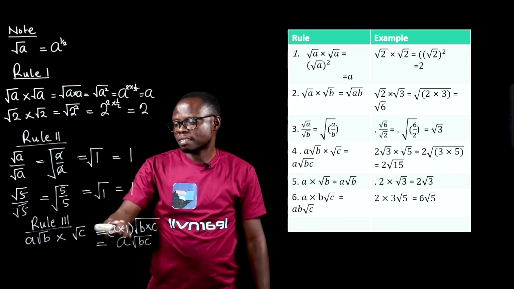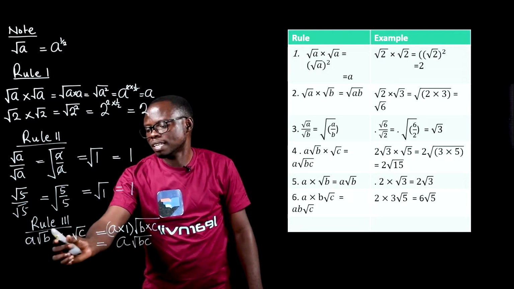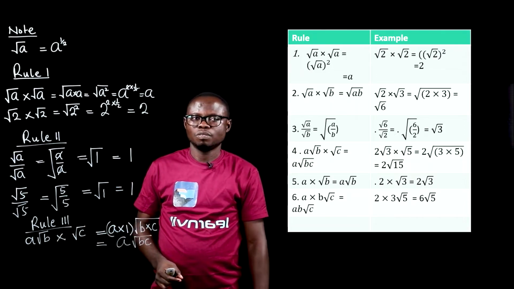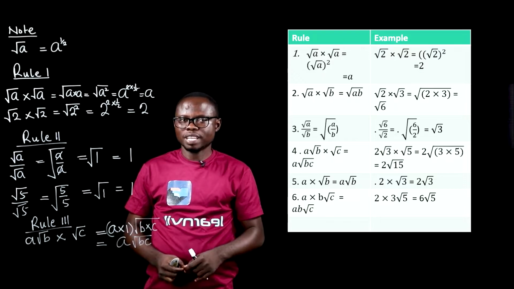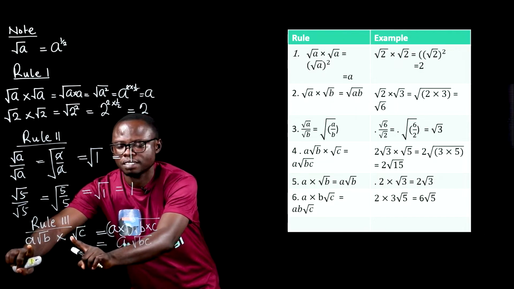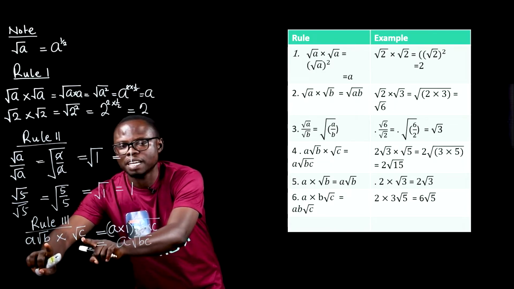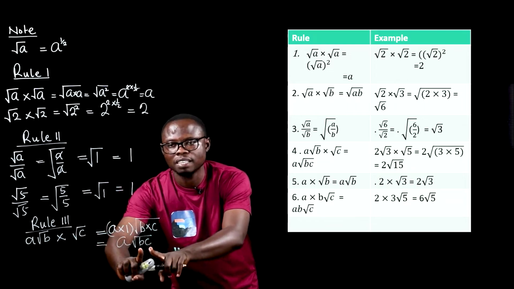What it means is that if you are multiplying two sets of this nature, the simple trick is multiply the outside by the outside to give you the final outside, multiply the inside by the inside to give you the final inside.